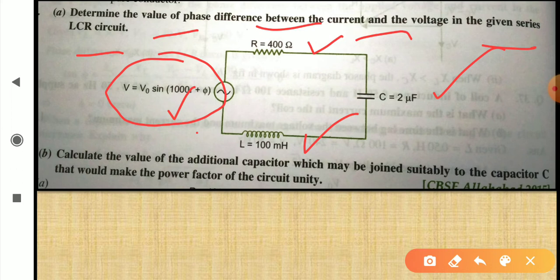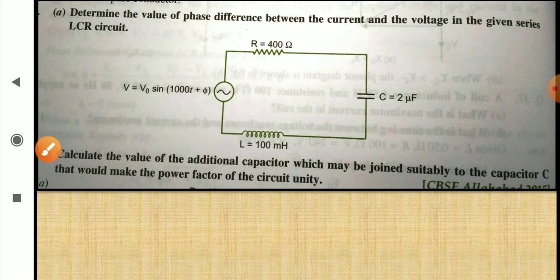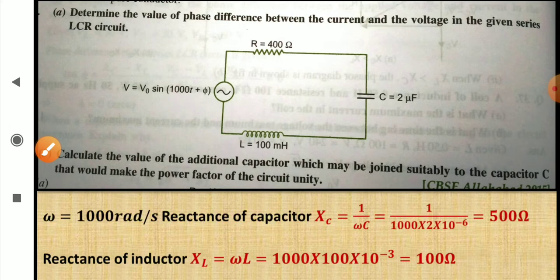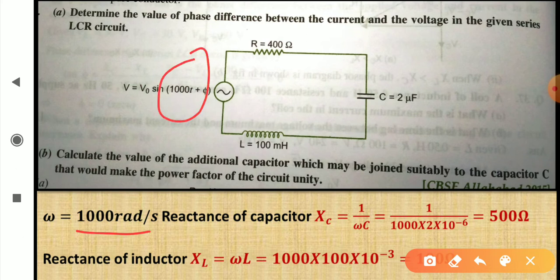Right? So let us do the first part. The omega is given to be 1000 radian per second. Look at this relation. Reactance of capacitor is 1 upon omega C. Omega is 1000, C is 2 into 10 to the power minus 6, and simplify, you get 500 ohm.